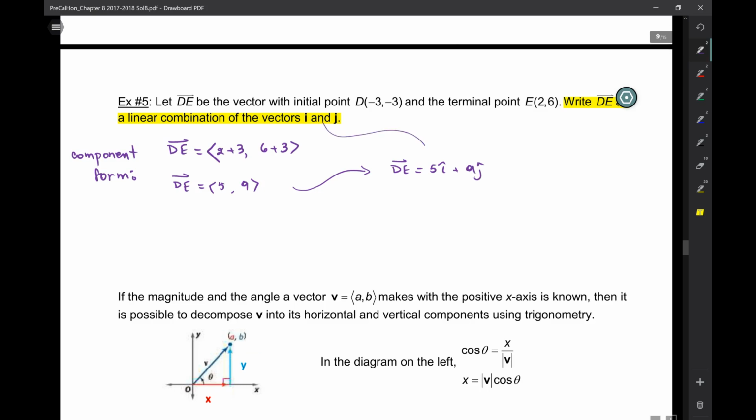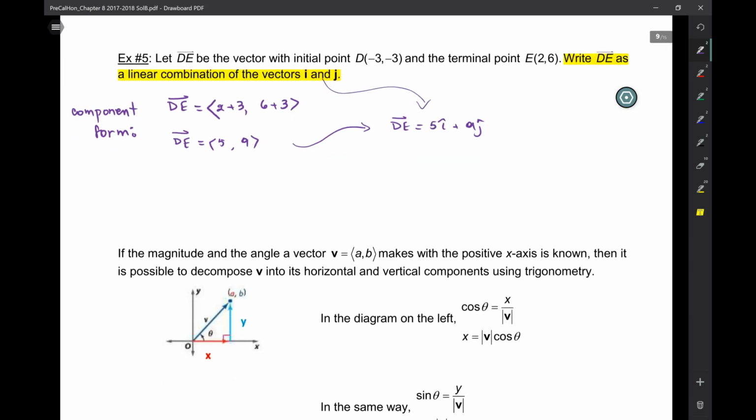That's a linear combination of I and J. Depending on the context and the field in which you're working, it makes more sense to write it one way than another.